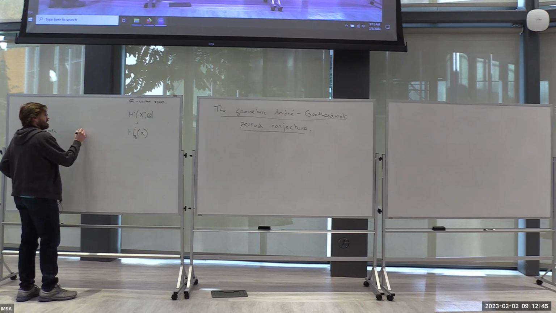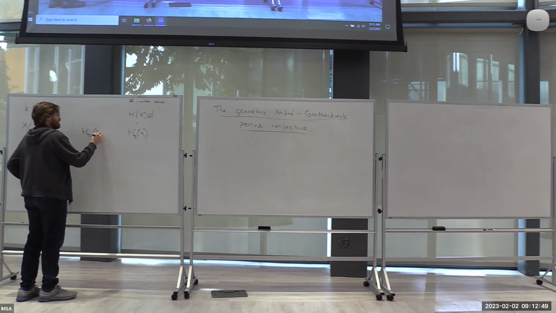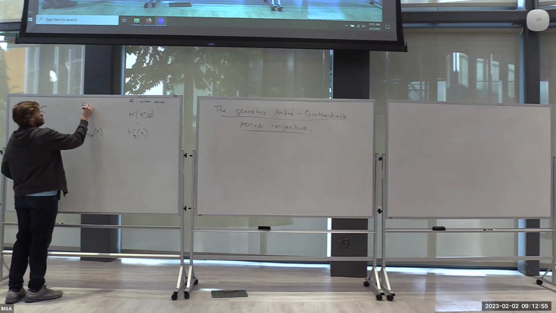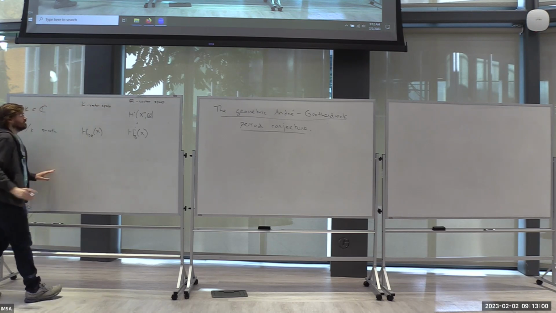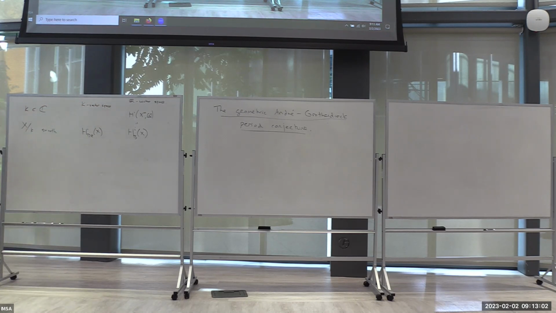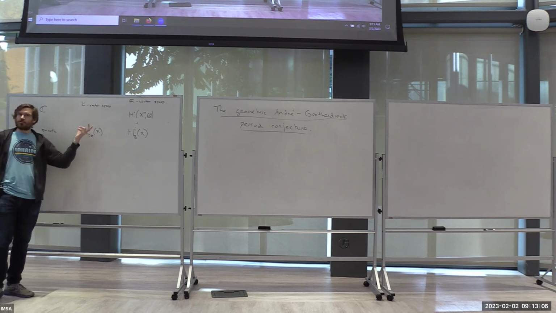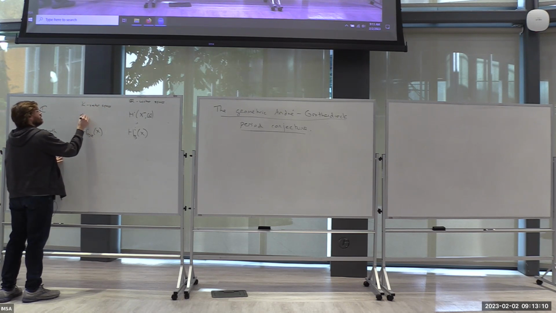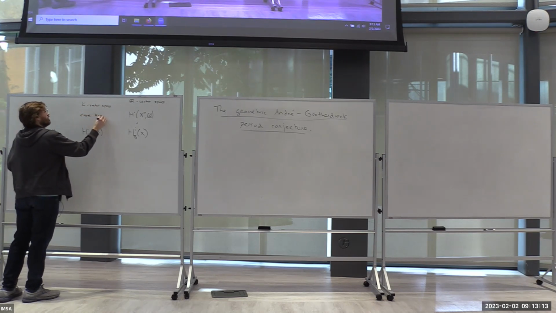Okay. On the other hand, I can form a more algebraic object, the algebraic de Rham cohomology. Now this is a K vector space. This is the K vector space of de Rham cohomology classes of closed K-rational algebraic forms.